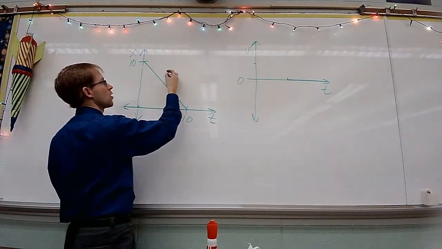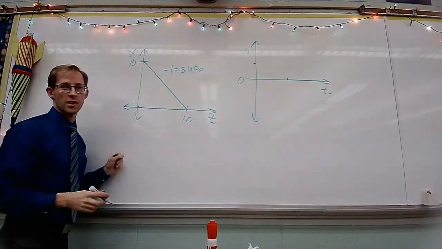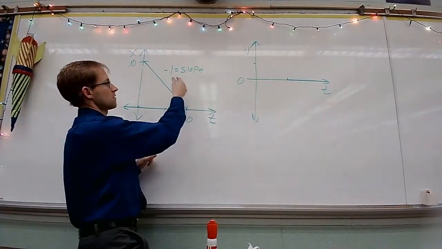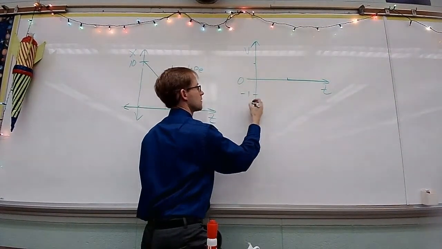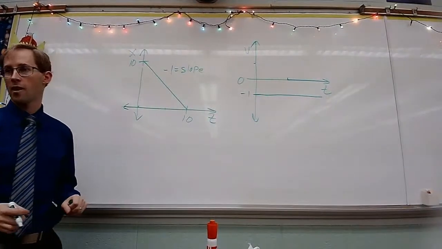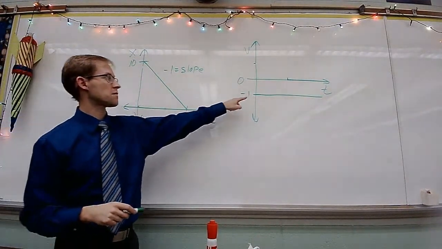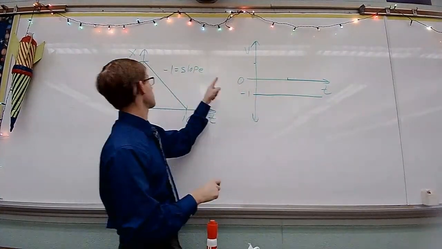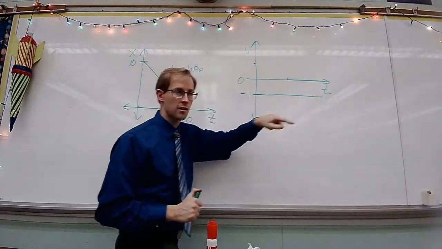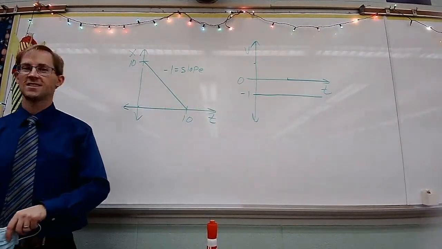Negative 1 slope. And that slope tells us what the velocity is going to be for those 10 seconds. Yep, that's what your velocity time graph would look like then. If your slope is negative 1, your velocity is going to be negative 1 for the entirety of that graph. Questions? Alrighty.